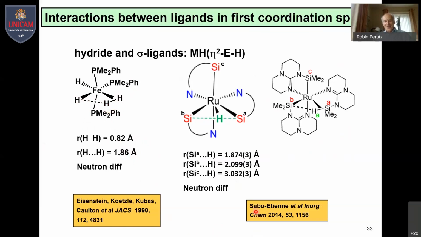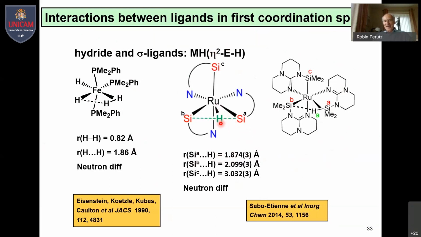Now let's look at this rather more complicated molecule. This is a ruthenium complex with disilazane ligands. All 3 chelating ligands are identical, so I've simplified it to this picture here. And what we find is that this silicon that I've labeled A has a short silicon hydrogen interaction, 1.874. That would be an eta-2 silane interaction.